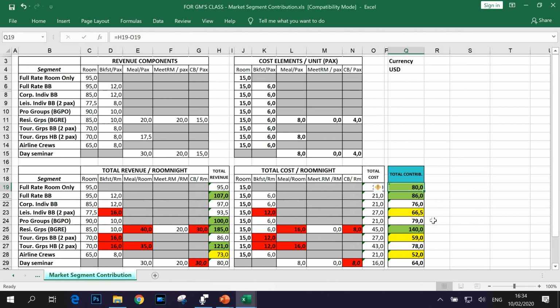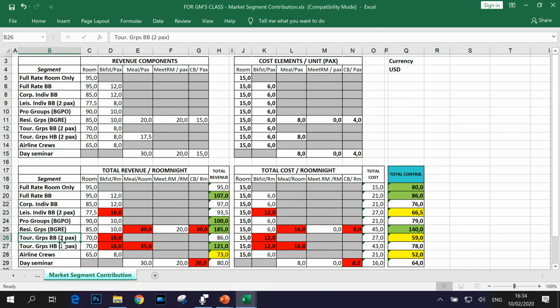And if you see the yellow cell, we have identified three segments which has a very low contribution for the profit margin. You can see that leisure individual revenue was okay, but the profit contribution is very low.